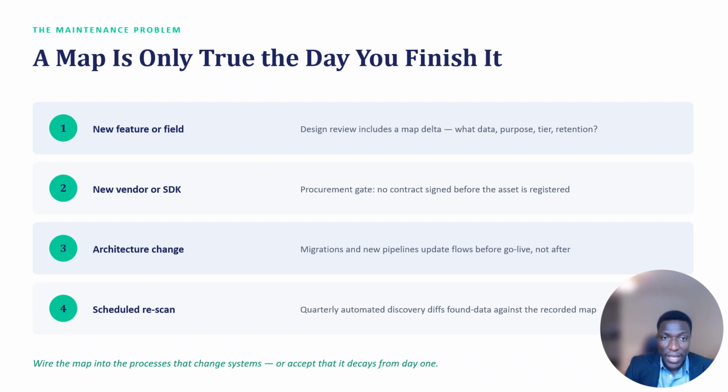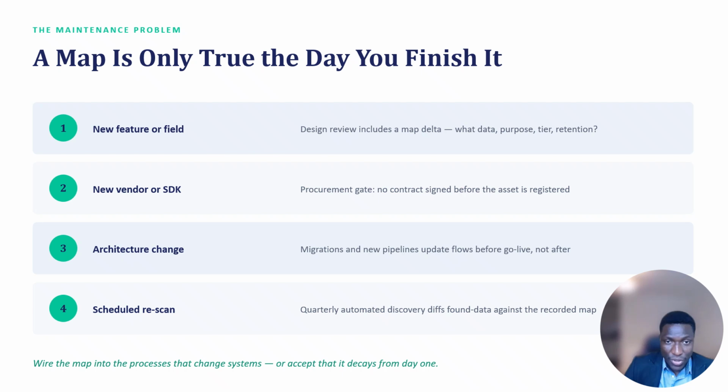Also, when adding a new vendor or SDK, put processes in place to make sure that procurement doesn't sign until the asset is registered. This gate is helpful as it acts as teeth, to make sure it grabs assets before they actually get used in production.